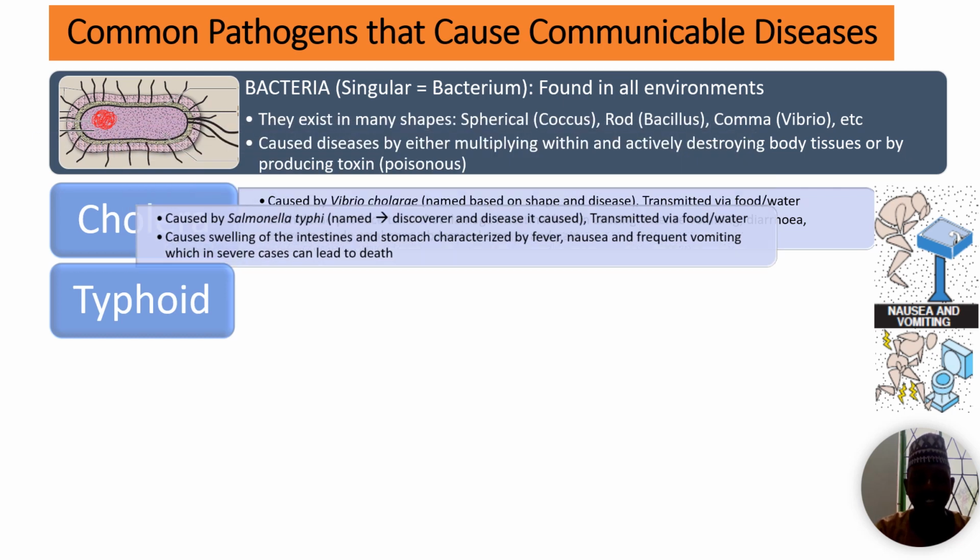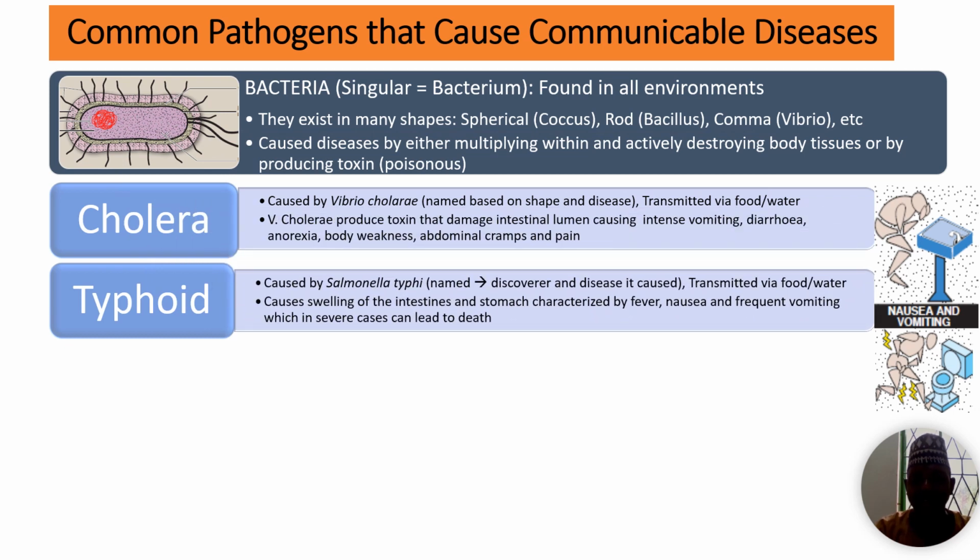So typhoid is a bacterial disease that is commonly caused by a bacteria known as Salmonella typhi. Now, in this case, this bacteria is named based on the discoverer, the person that first describes the organism, which is Salmon.